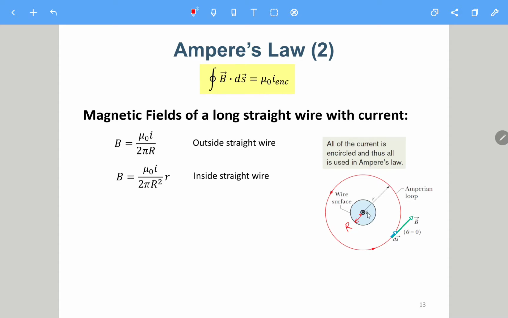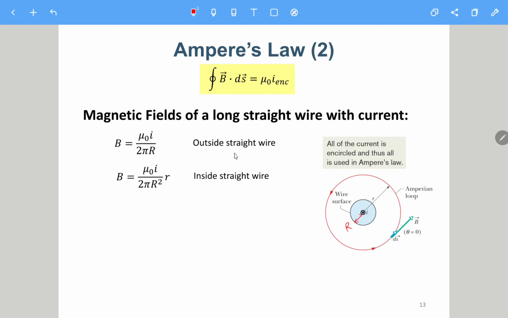Okay, so now we consider that the current is going out of the page, and it is distributed uniformly. We try to consider the magnetic field, or the B field, generated by this wire outside and also inside the wire.